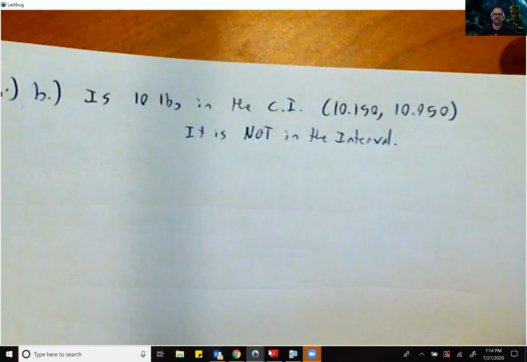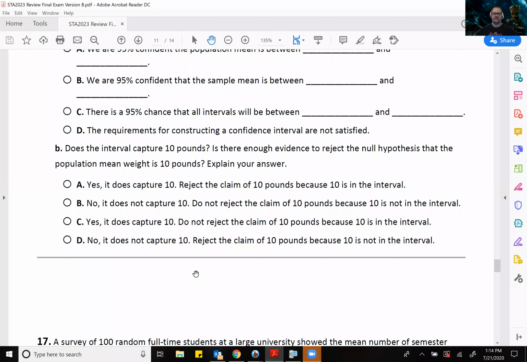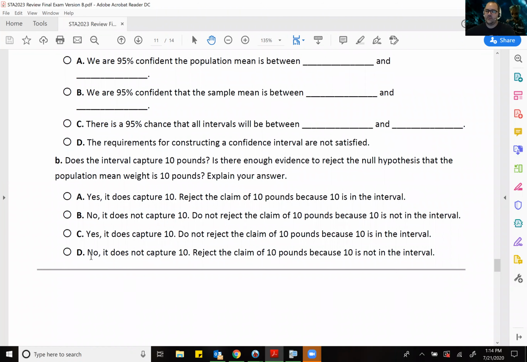So for us, that means when we come back here, we want something that says it does not capture it. So it's either B or D. And because it does not capture it, that means we reject. So B says do not reject, but D says reject it. All right, so we're going to choose D. And we're going to say no, it does not capture 10.